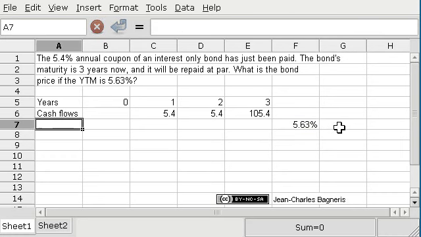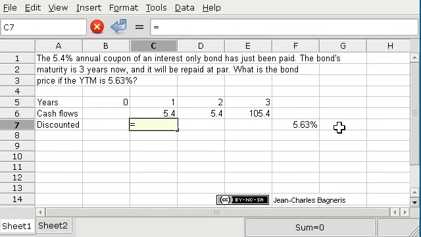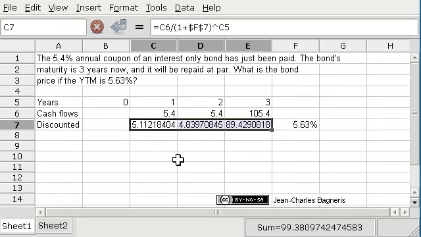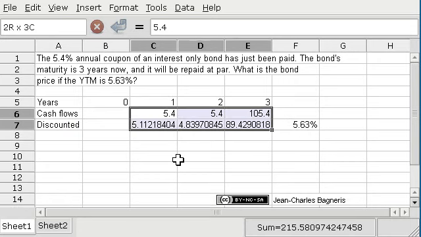And then I discount all the cash flows. Then here, the first cash flow over 1 plus rate, fix it, to the power of your number. Just copy this everywhere, make it cleaner.